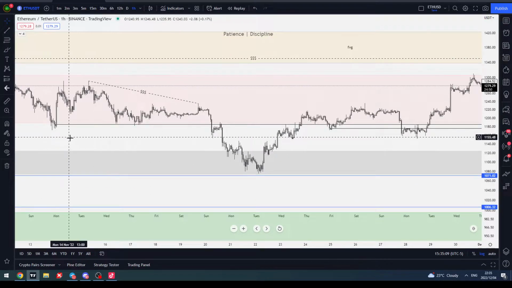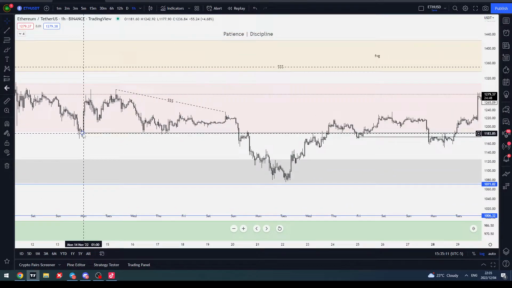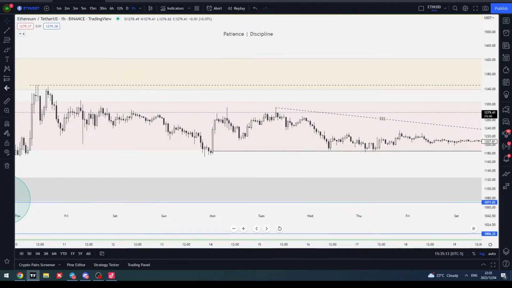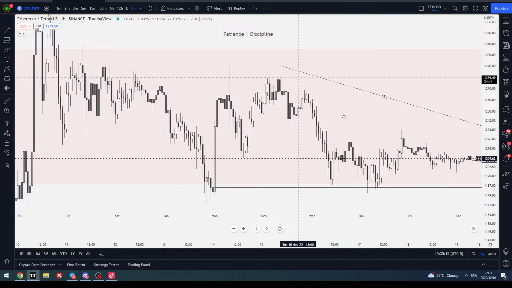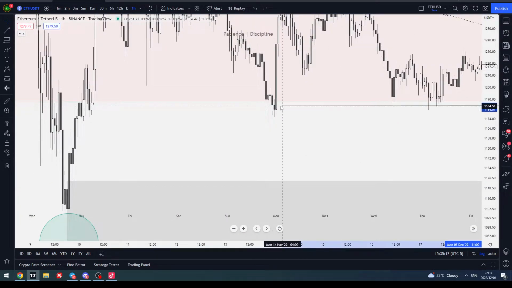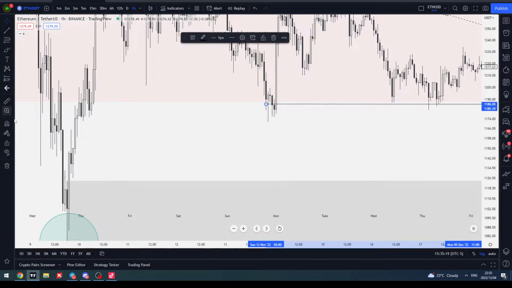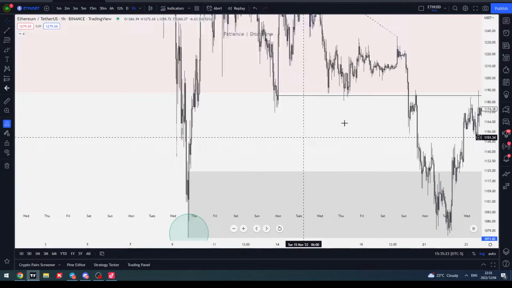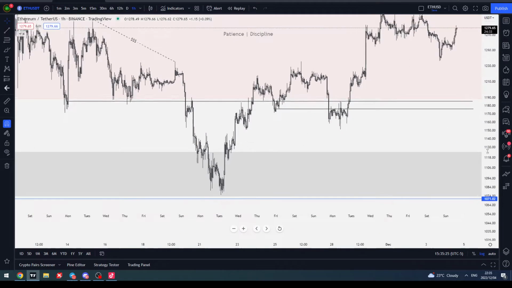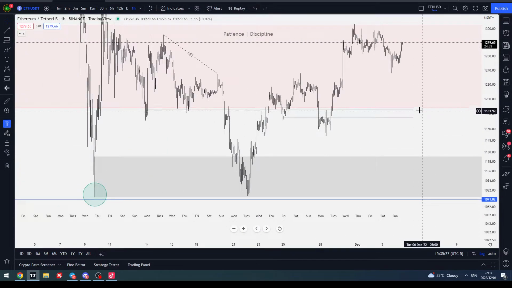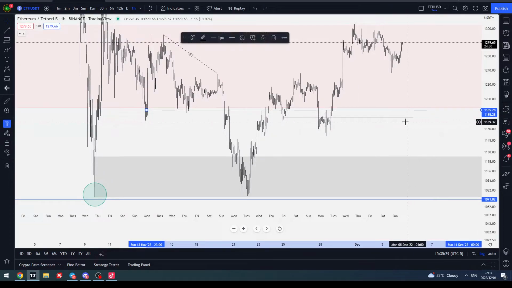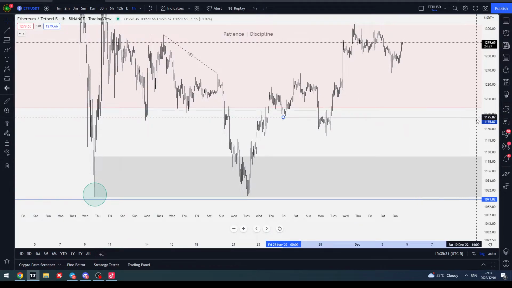The lowest closing down candle here is this little tiny candle here. Right, so that's the opening price of that candle. Let's magnet tool that one. And as price comes back into that level here, these are where your entries are going to form.